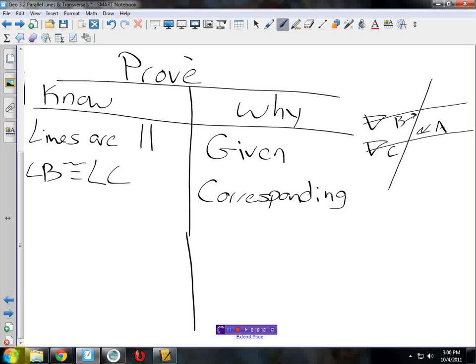That's good. That's a good step, right? Is that getting us closer? What else do I know? So you want to say angle A is congruent to angle, we'll call that one D, right? Why? Angle D, another corresponding.